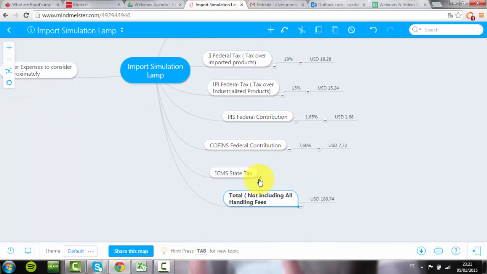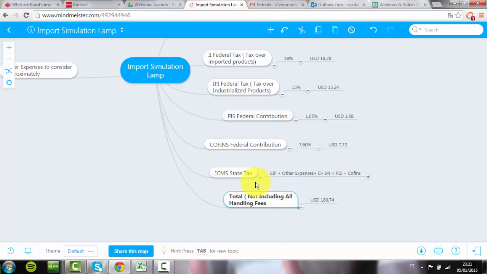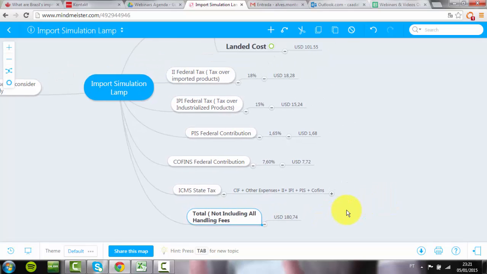On top of that, you have to include the ICMS tax, which is the tax over the circulation of products in Brazil. This is the most tricky tax when you're importing in Brazil, so I'll try to make the explanation really simple.